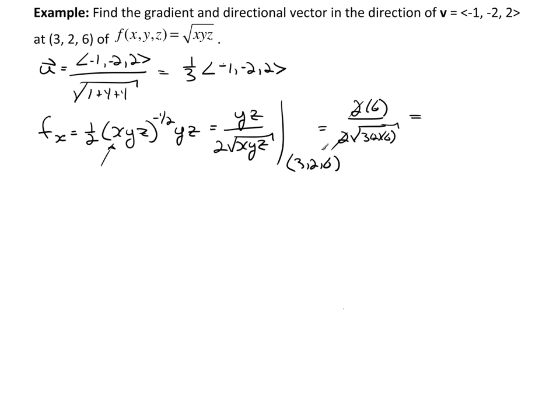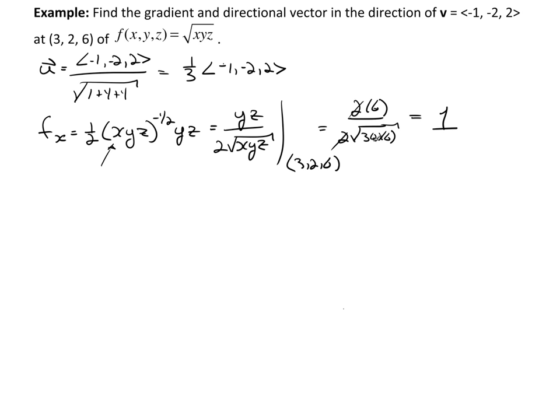Now notice this piece right here. This is going to be the square root of 36, which is 6 for every one of these partials. So I'm going to have 2 times 6 in every denominator, because clearly this partial with respect to y is going to be the exact same thing, only when I take the derivative of the inside, I'm going to get xz.